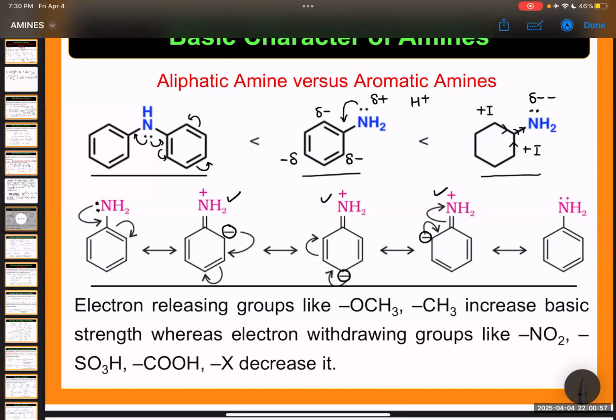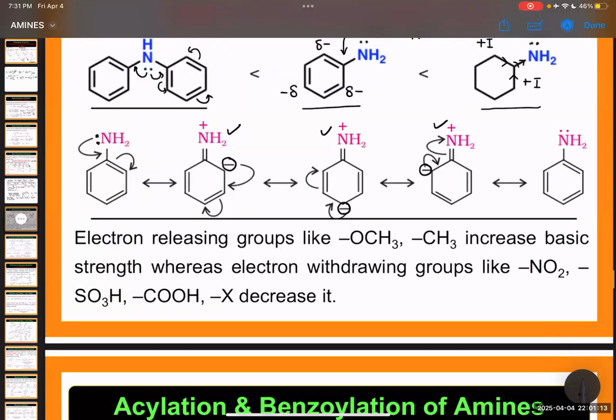So if you disperse the lone pair by resonance, the basic strength will come down, Kb will come down, and pKb is going to increase. I hope this is clear to everyone. Got it?